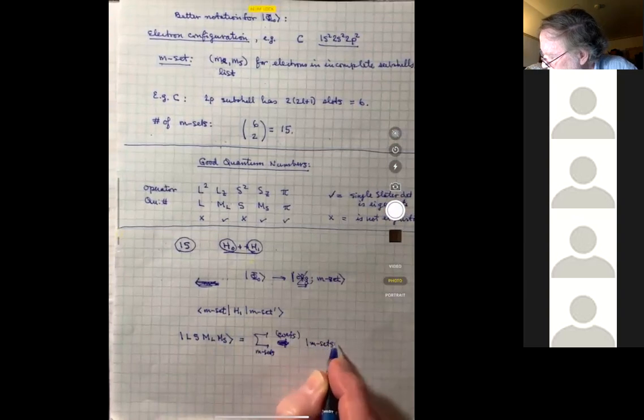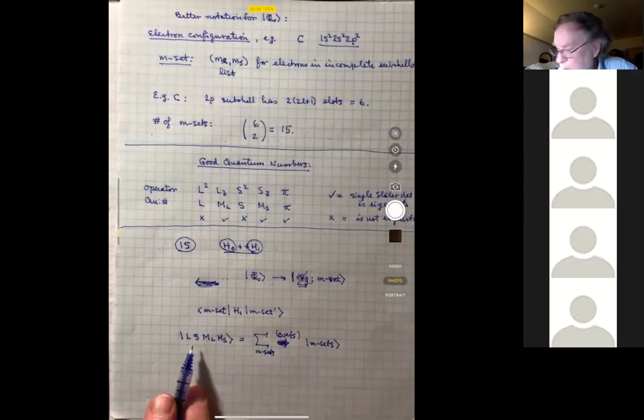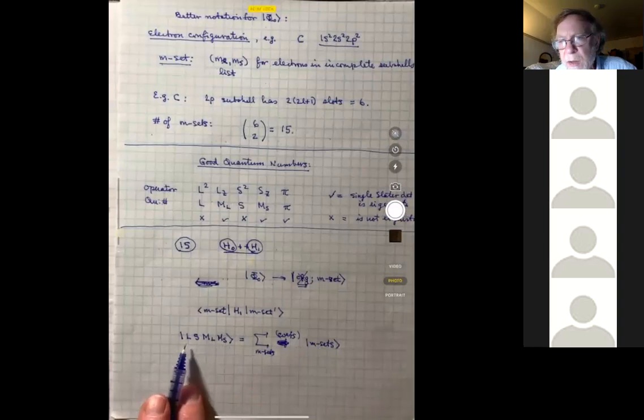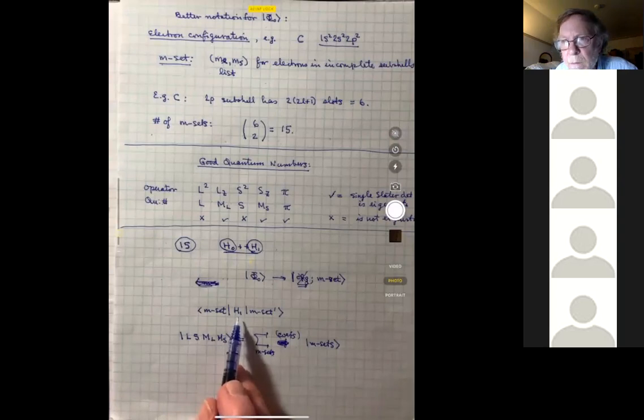That's to say we form linear combinations of these 15 Slater determinants to make eigenstates of L squared and S squared. These things are already eigenstates of M_L and M_S, but we want to make them also eigenstates of L squared and S squared with quantum numbers L and S. Now, the reason for doing that is that the operators L squared, S squared, L sub Z, and S sub Z, which are the operators corresponding to those four quantum numbers, all commute with H1.